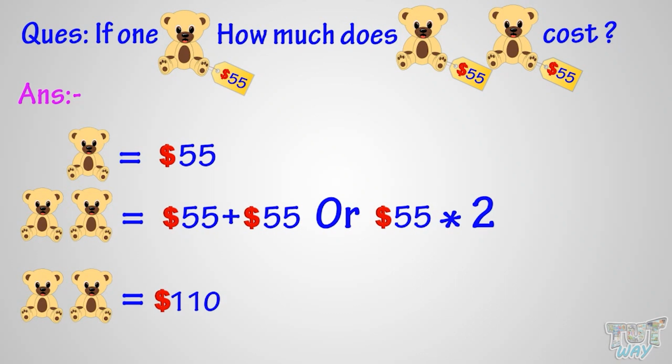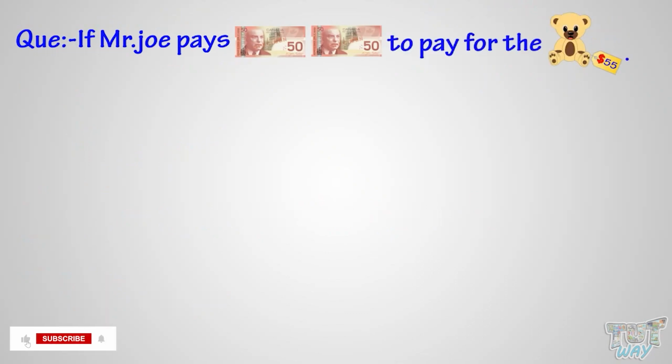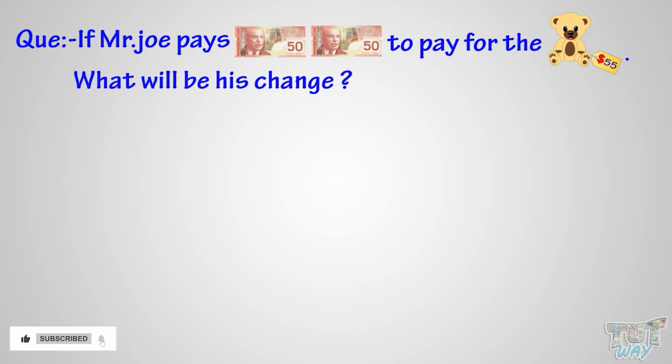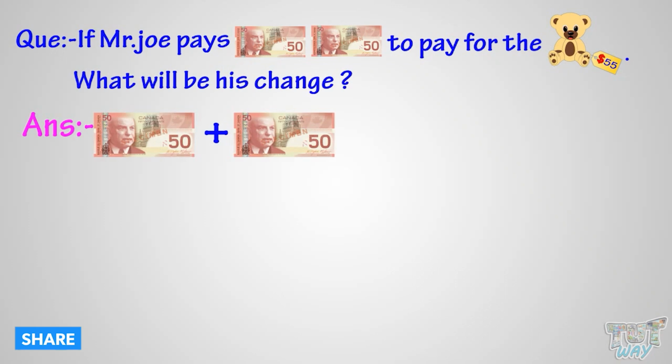So, 2 teddies will cost $110. Let's move to another question. If Mr. Joe pays 2 $50 bills to pay for the teddy, what will be his change? 2 $50 bills makes $100.